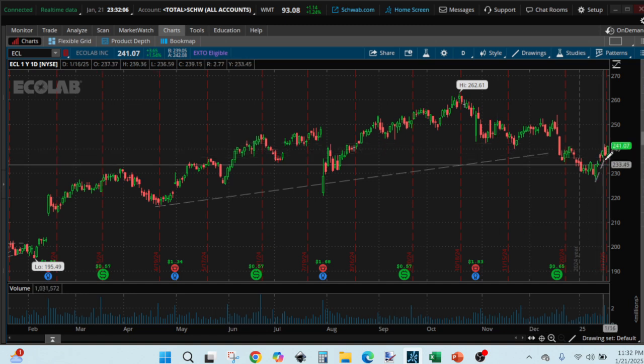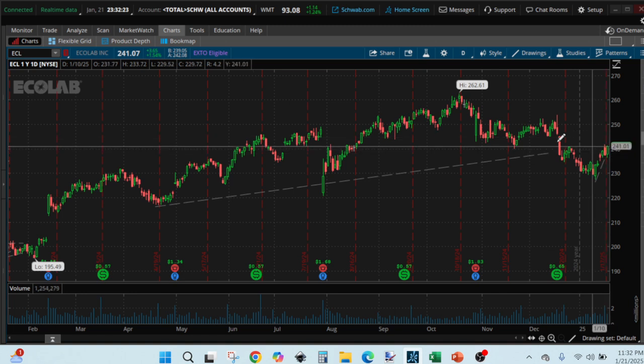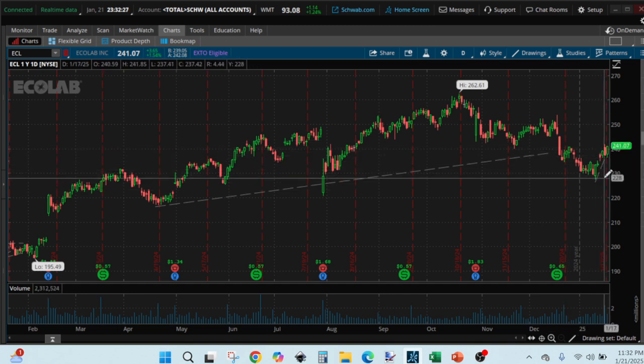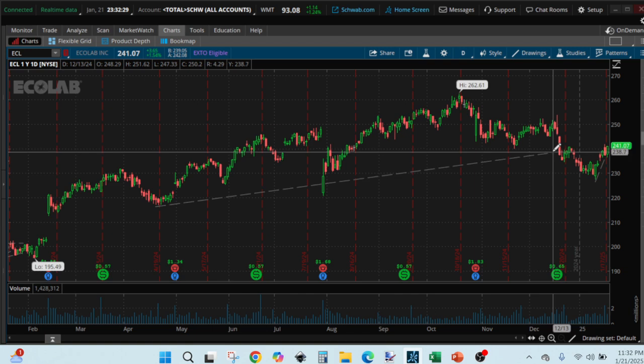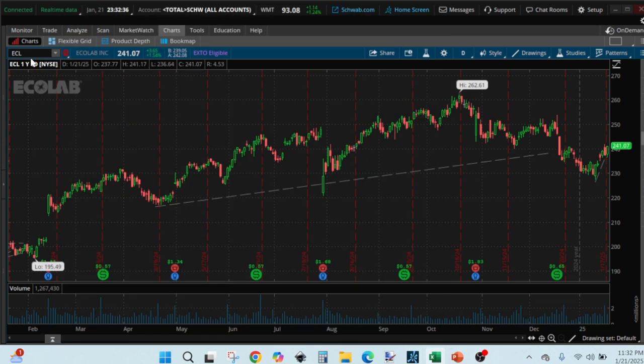So yesterday or today, no, now, yeah, it's still 11 p.m. here, so the market's closed already. But when the market was open, the price went up today, but it has an uptrend going on there, but it's below this trend line, a little bit below it. The next one is EQIX.